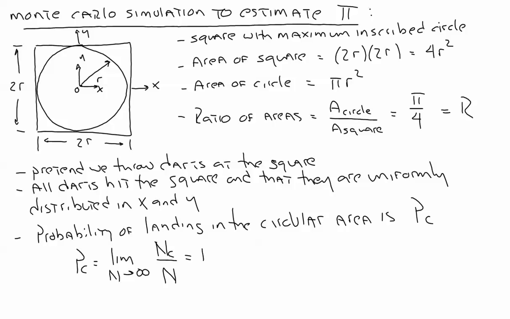That's going to be the ratio R that we seek, and that is going to equal pi over 4.